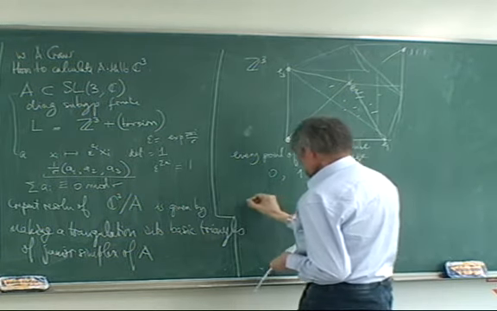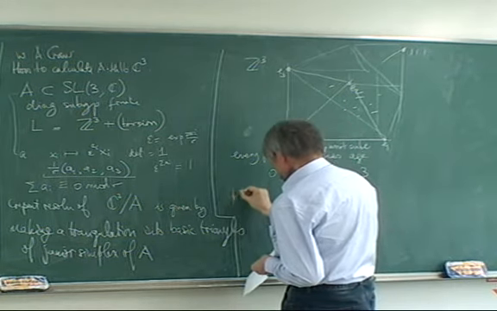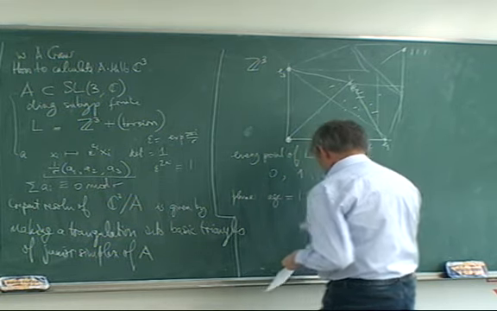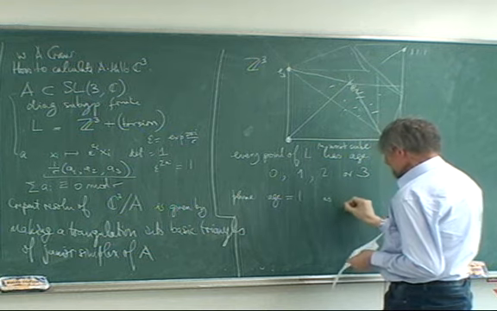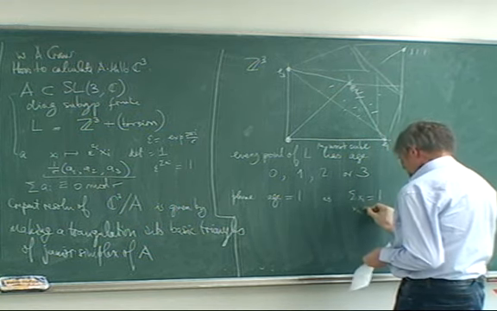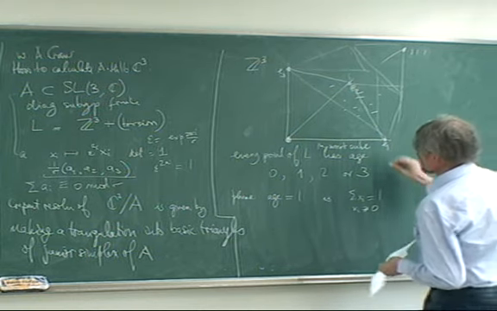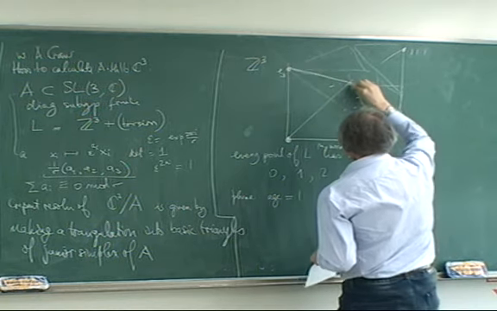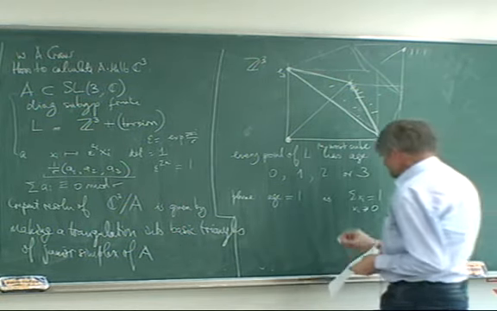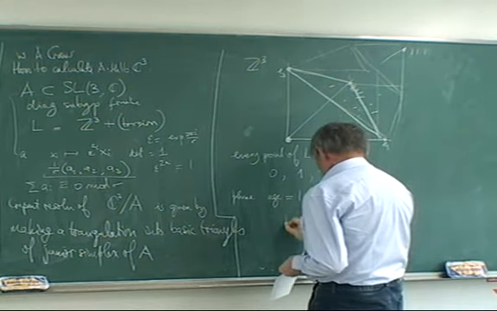And so the plane age equals 1 is given by sum xi equals 1, xi greater than or equal to 0. So it's just this triangle here. It's called the junior simplex.